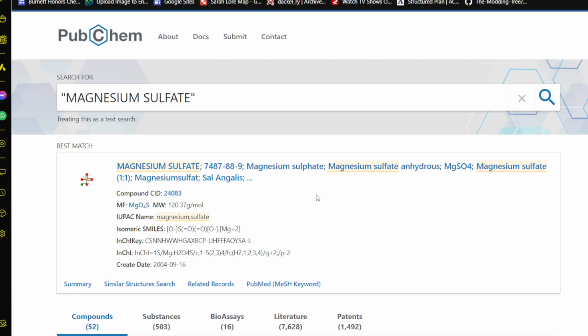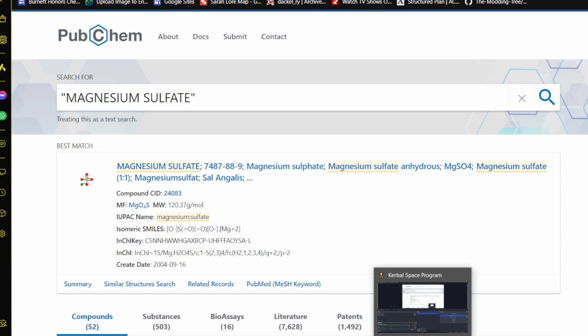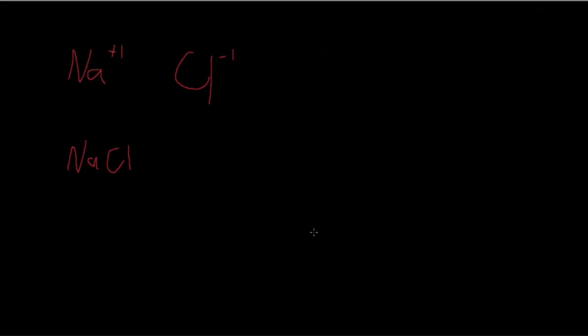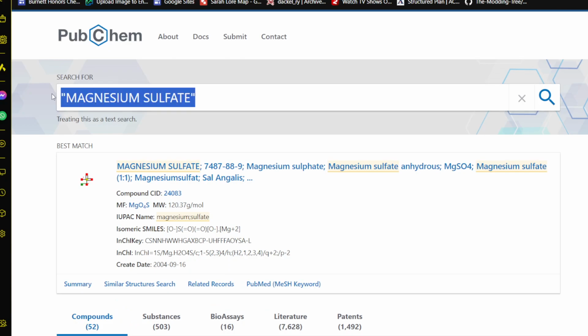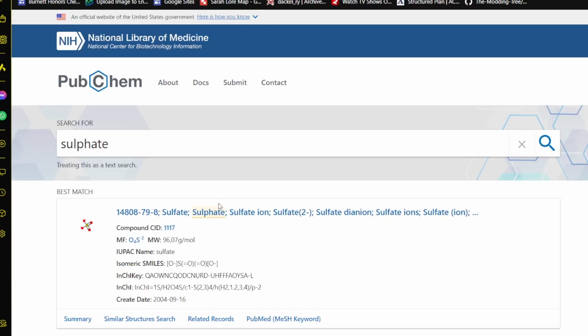I know magnesium sulfate's a real thing. So if we have our two components, magnesium and sulfate, you might have to memorize this, but sulfate is a compound in and of itself, sulfur and then 4 oxygens.